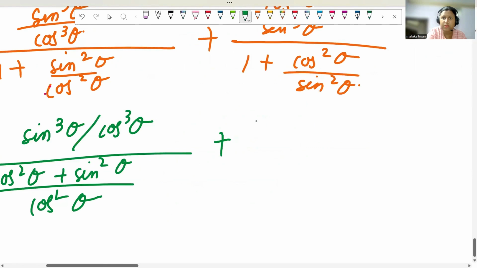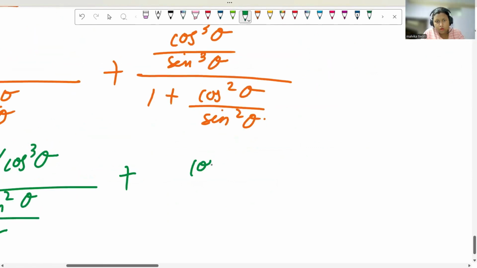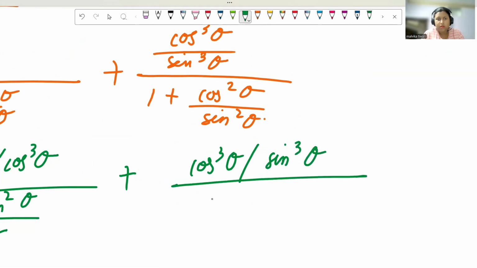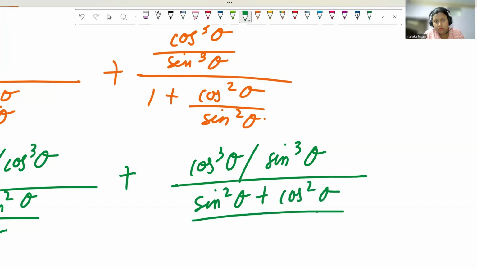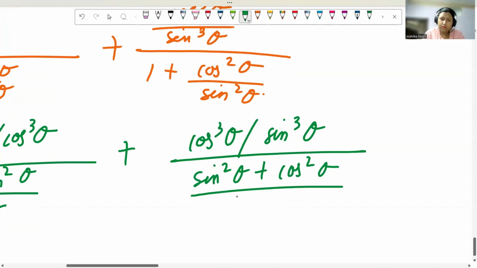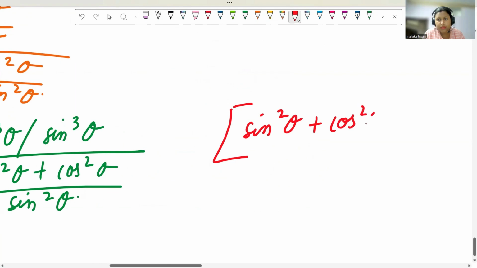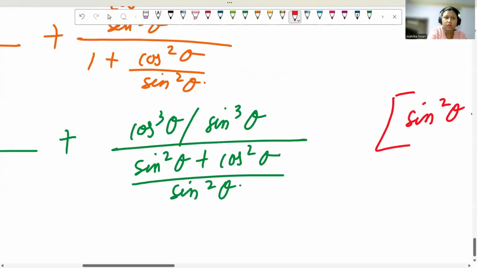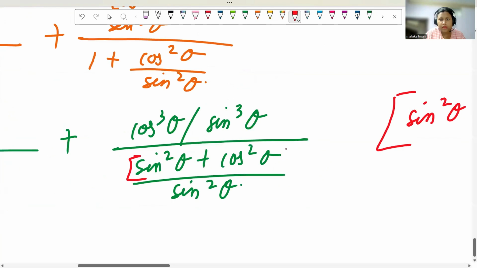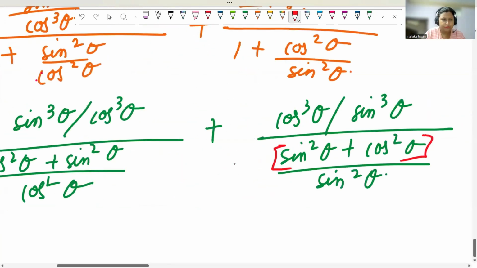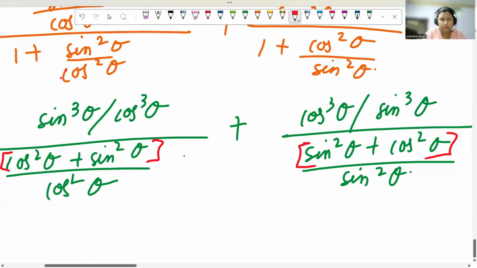Plus, I'm going to do the same thing on this side: cos cube theta by sin cube theta, this is our numerator, divided by (sin square theta plus cos square theta) by sin square theta. Now here we can apply the identity sin square theta plus cos square theta equals 1. So this part and this part become 1.